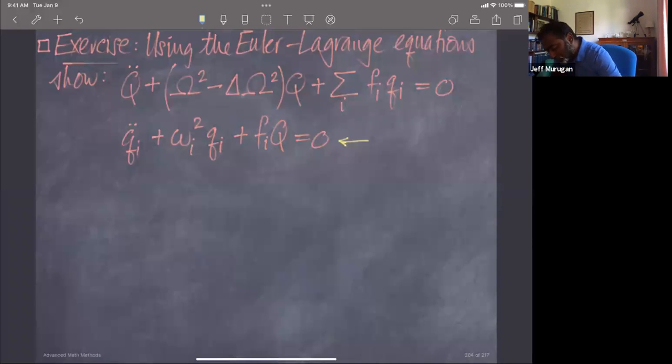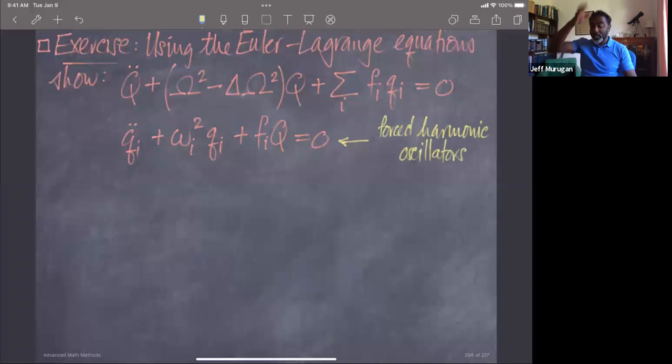So this is just a forced harmonic oscillator. In fact, there are n forced harmonic oscillators, and they're all decoupled, right? So there's a single forcing term, involving Q, and there's n equations, and I can solve them all simultaneously.